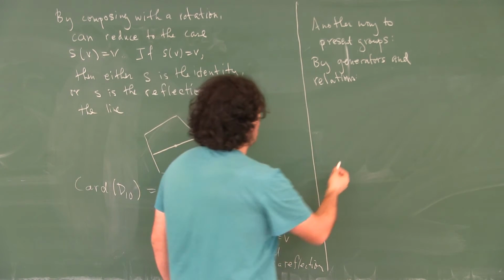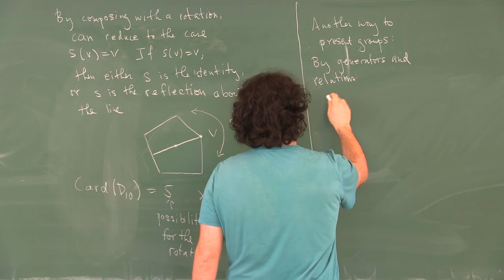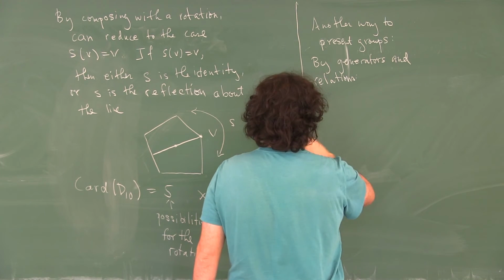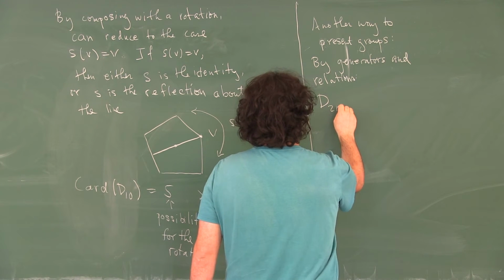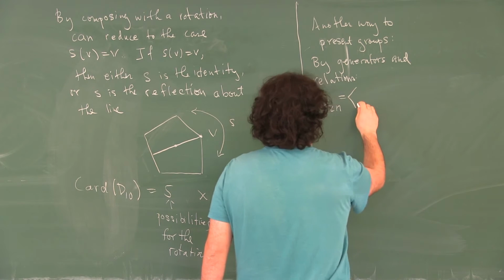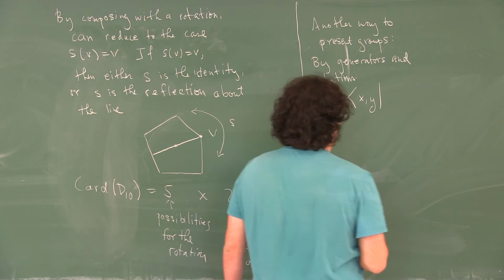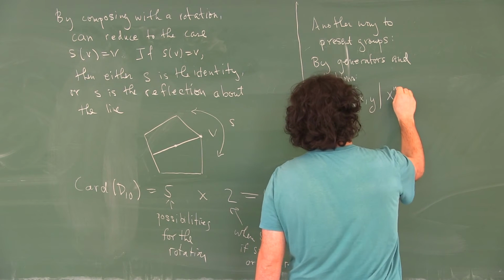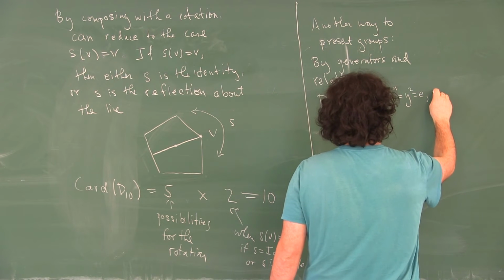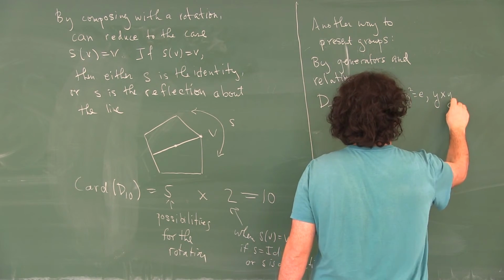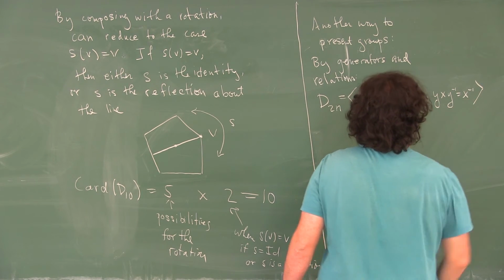Let's do it in this example of the dihedral group. The dihedral group D2n is the group generated by an element x and an element y, subject to the relations that x to the n is y squared is the identity. And if I conjugate x by y, then I get the inverse of x.